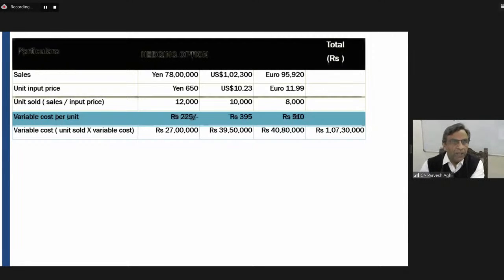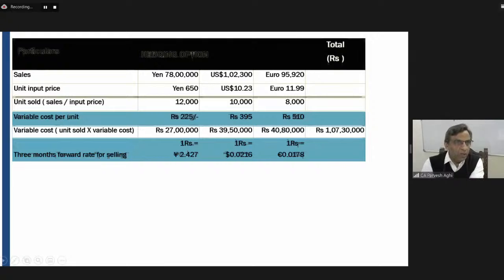For euros, the total number of units is 8,000 and the variable cost is 510. So overall, if we add all three figures, we get a total variable cost of 1 crore 7,30,000.